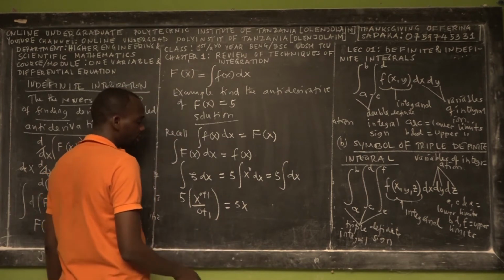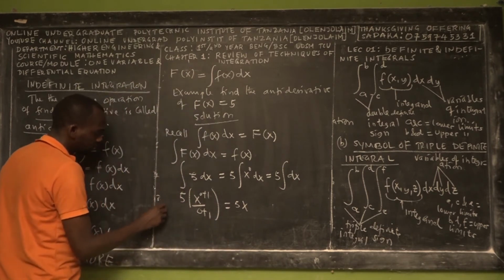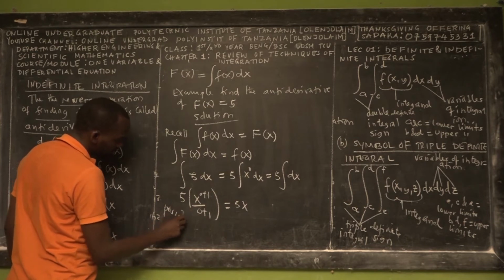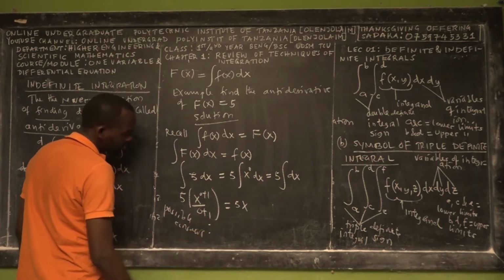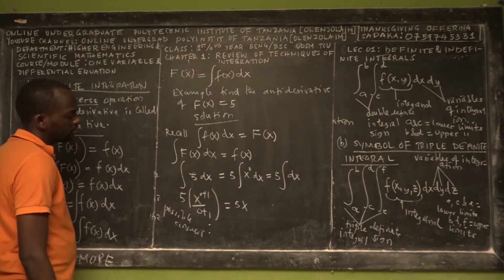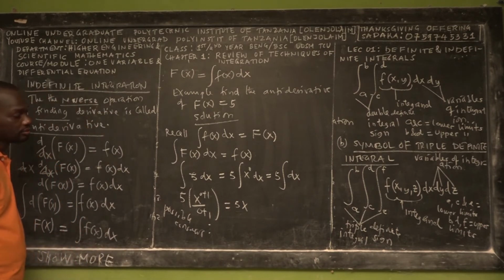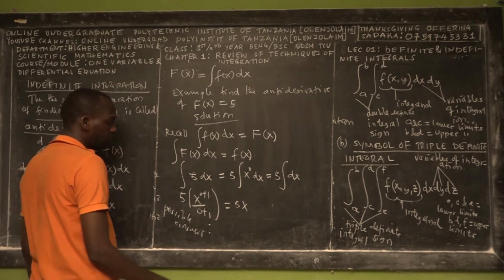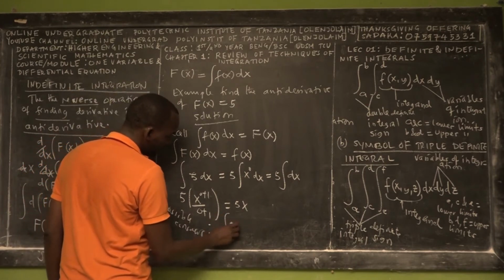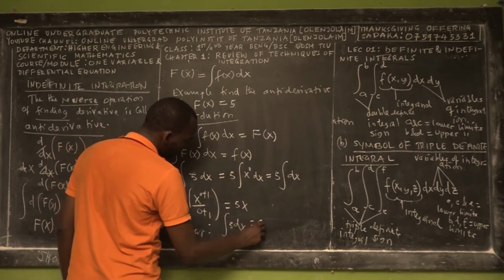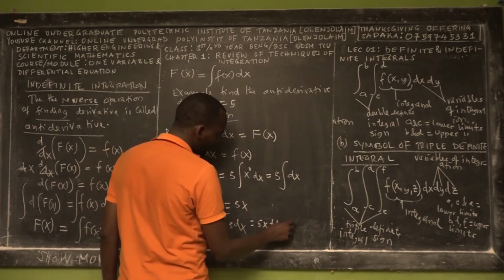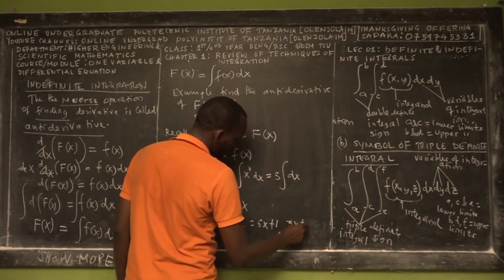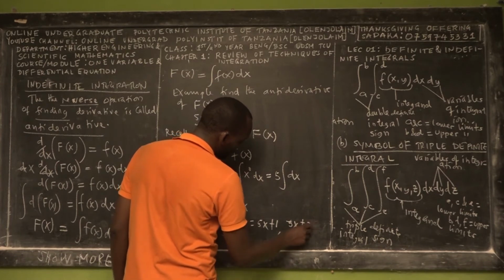But there's a second part: if you differentiate 5x, we get 5. But also if you differentiate 5x plus 1, we get the same. So possible answers: if you integrate 5 dx, the response might be 5x plus 1, for example. Another possibility, the response may be 5x plus 2.